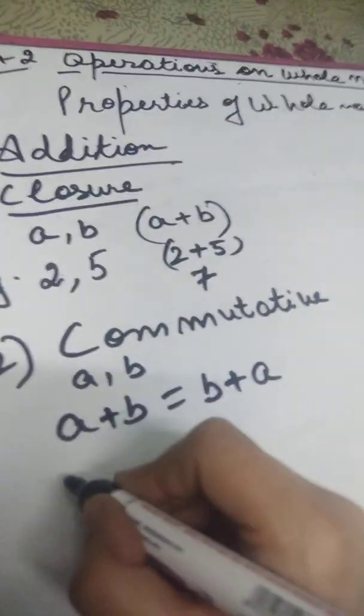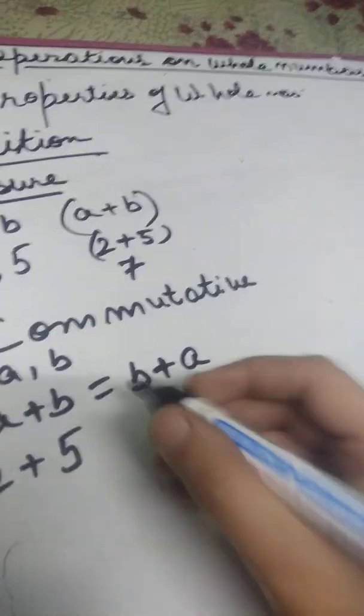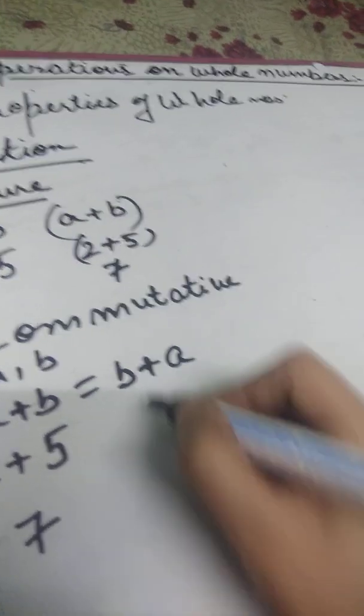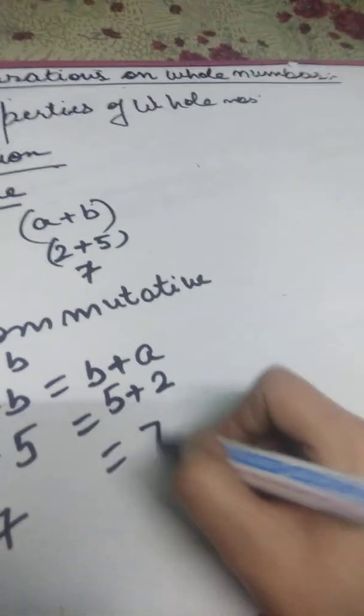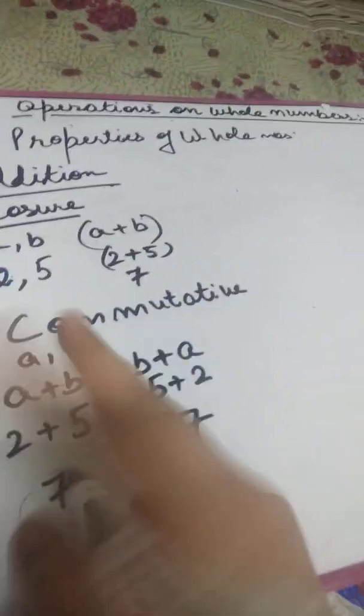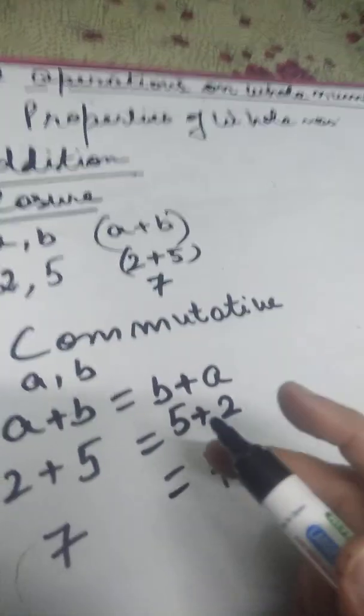I'll show you by an example. 2 plus 5 is 7, and now when you add 5 first and then 2, again you get 7. So the order doesn't matter. This is the commutative law of addition.